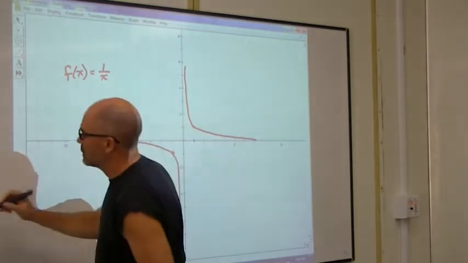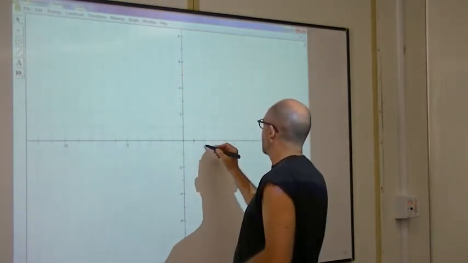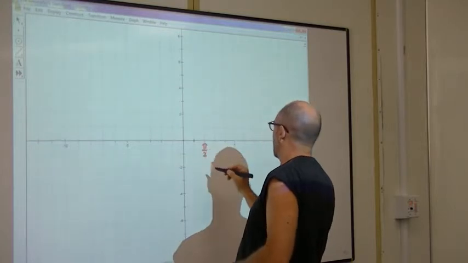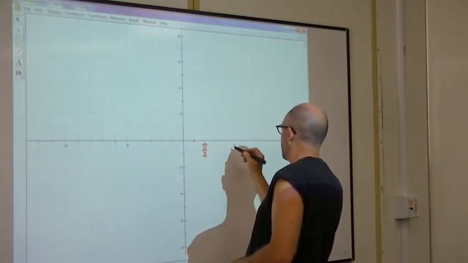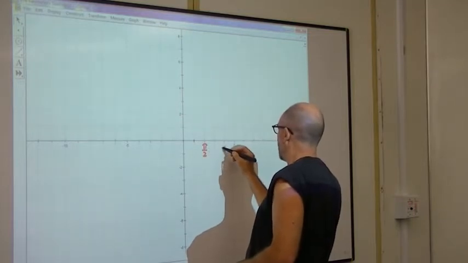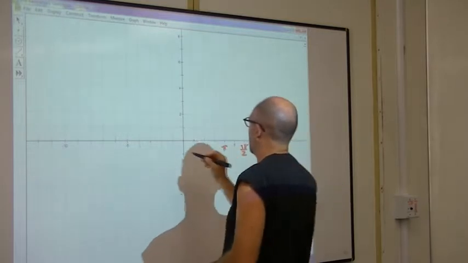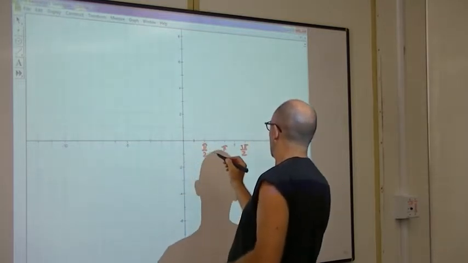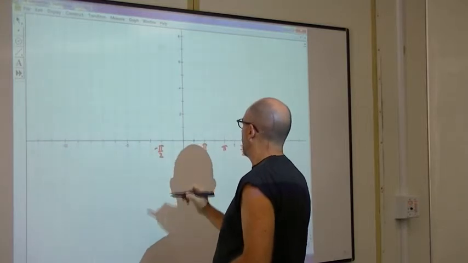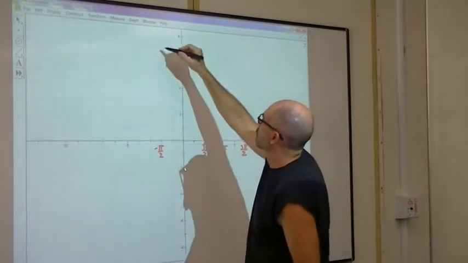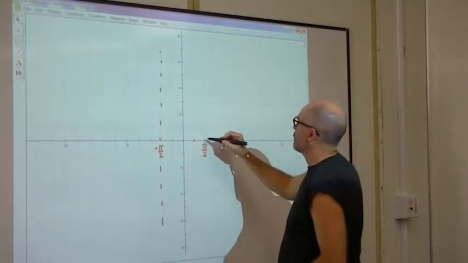Tangent is at pi over 2, 3 pi over 2, negative pi over 2. Okay, so here's what tangent curves look like. Just refreshing your memory.